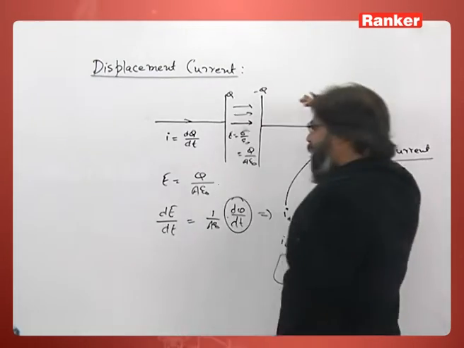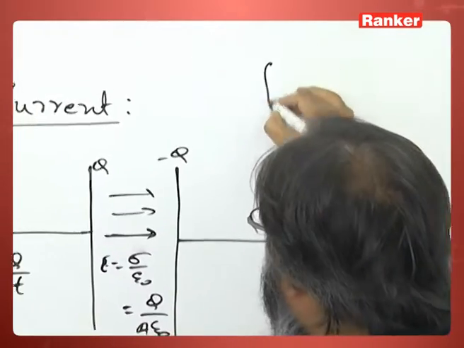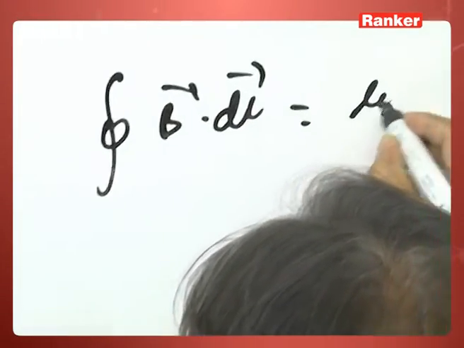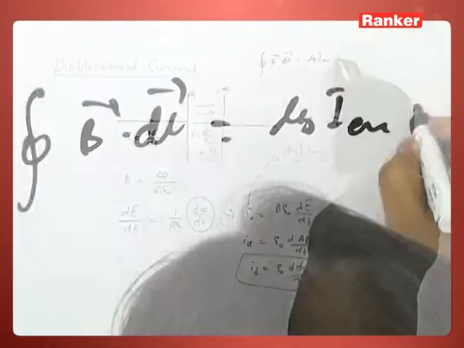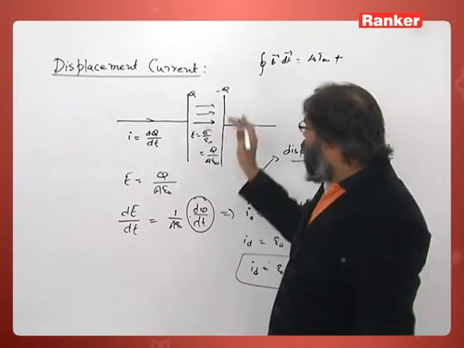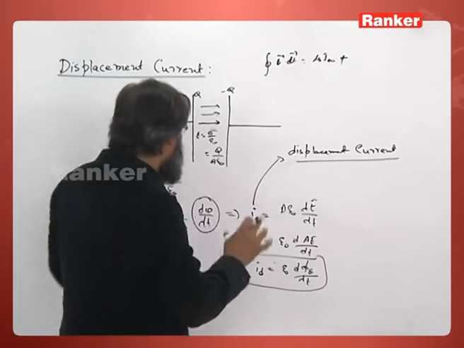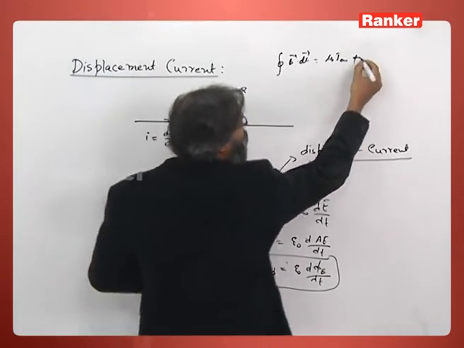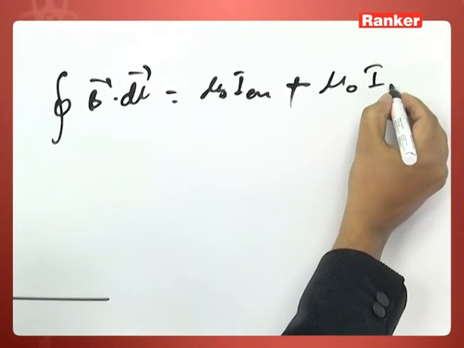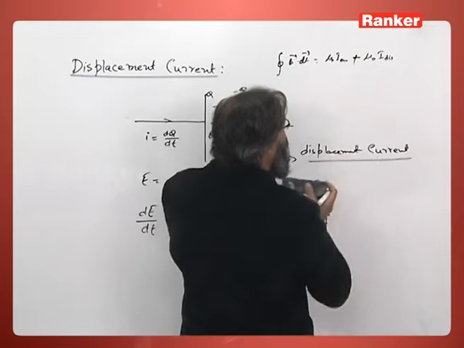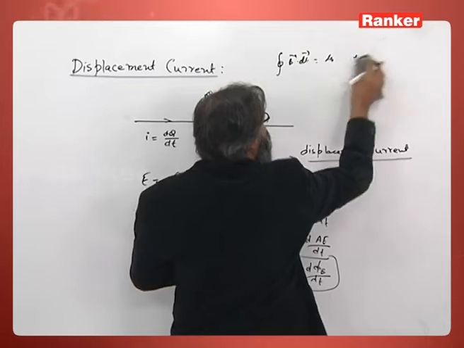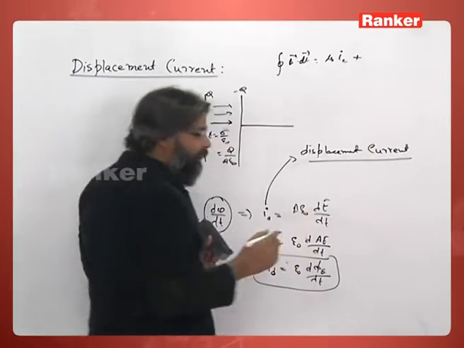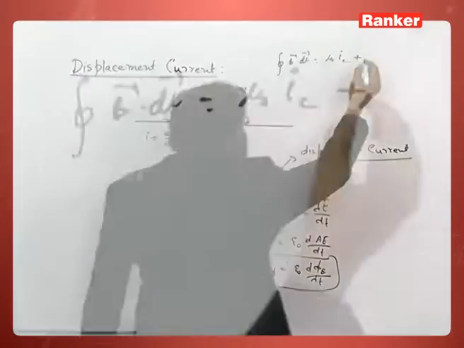Now I can modify my Ampere's law, which was previously I enclosed. Now the region in which there is a change in electric field, where there is no conduction current, I will write this as I displacement or simply I d. Let us denote the time varying current as small I c; capital I I will reserve for constant current.